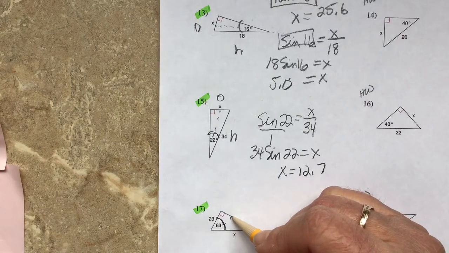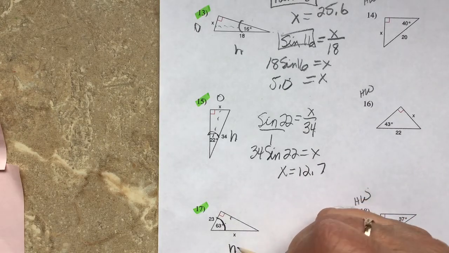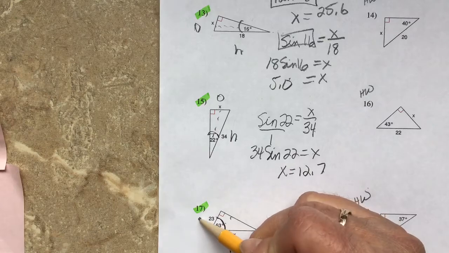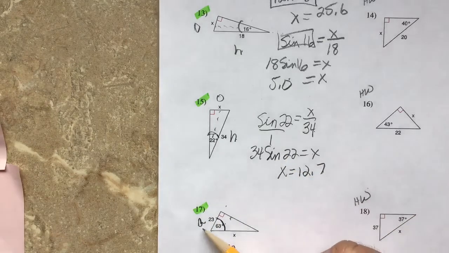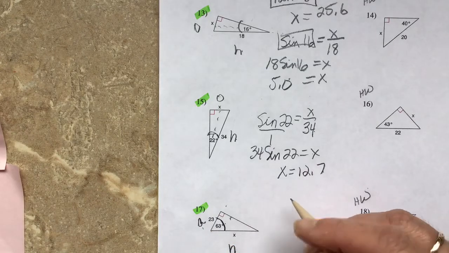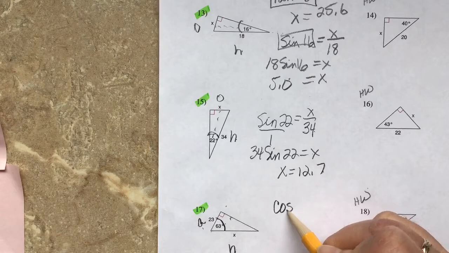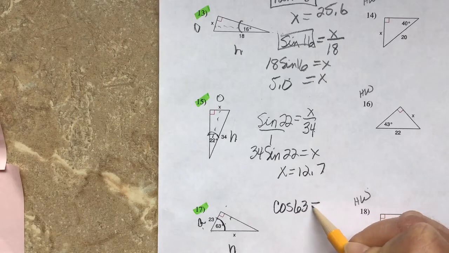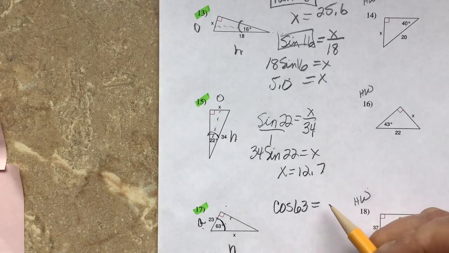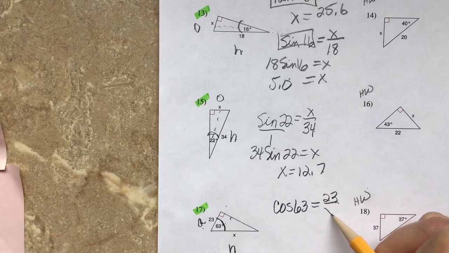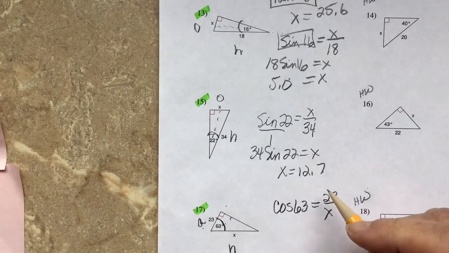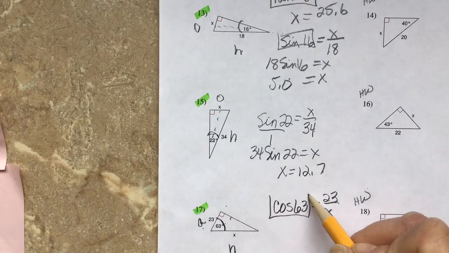And number 17, scoop your reference angle. Okay, that's opposite. This is my hypotenuse. This must then be my adjacent next to it, but not the hypotenuse. So I have A and H. I look at SOHCAHTOA, I have to use cosine. So cosine of 63 degrees equals adjacent over hypotenuse. Okay, when that x is in the denominator, that's the one you have to be careful of, okay?